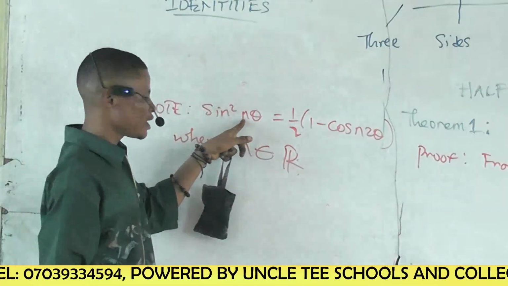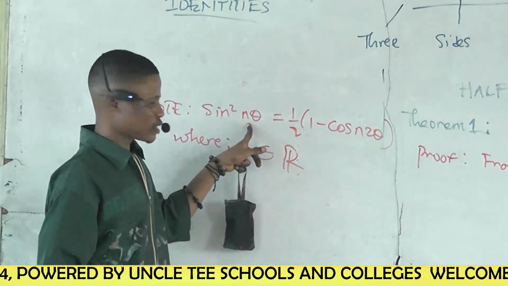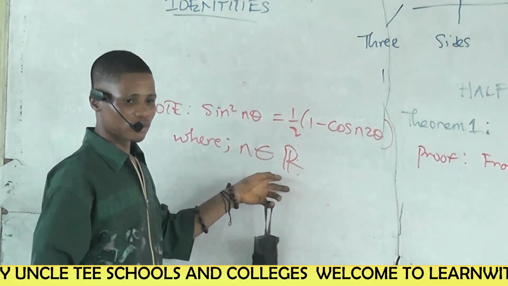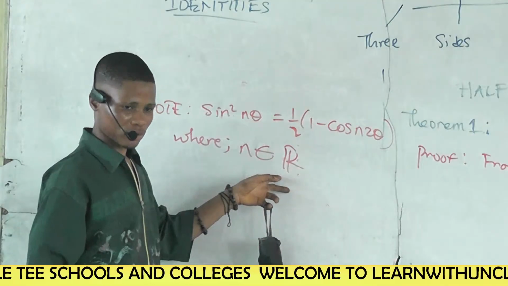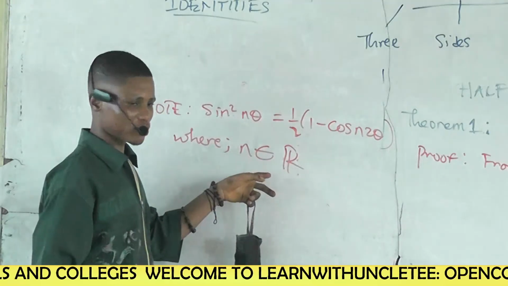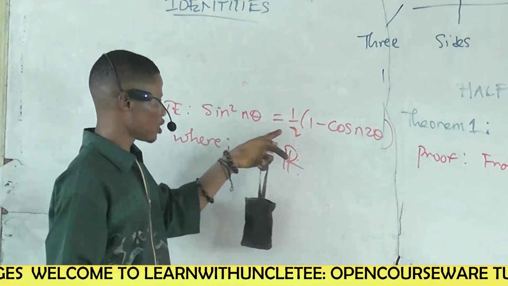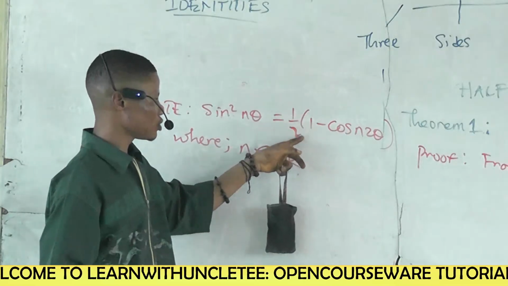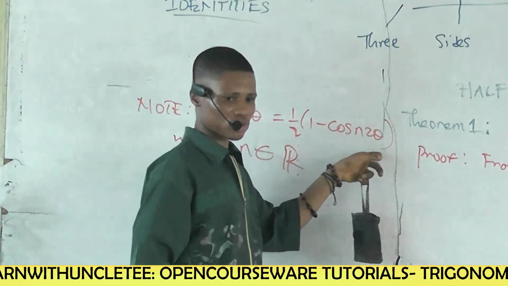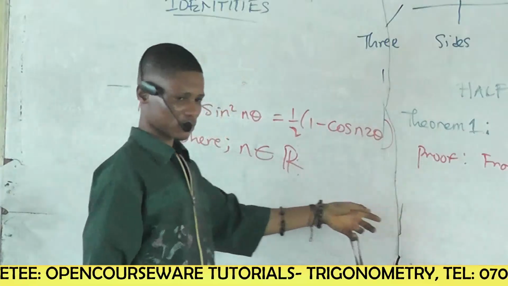That is, any number you multiply by the angle, the number belongs to the set of real number system. If you pick any number from the real number system and multiply it by the angle theta, you are going to get 1 over 2 into brackets 1 minus cos n2 theta. Okay, you note it under this.